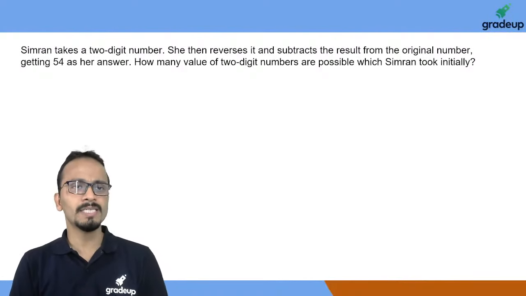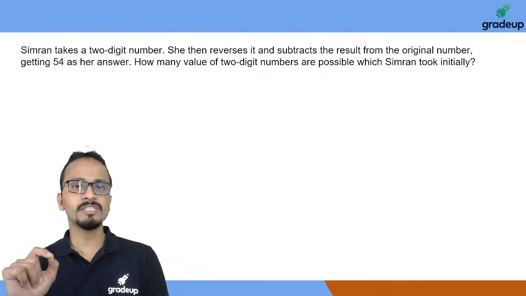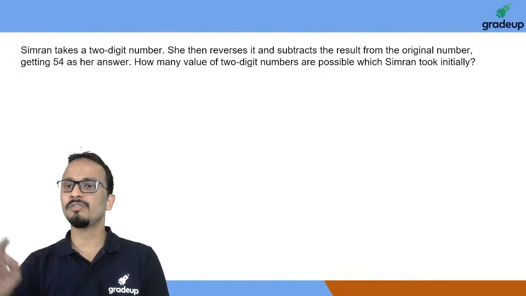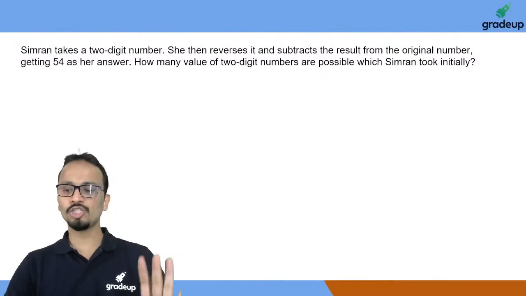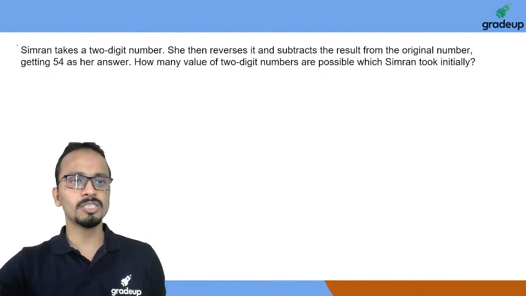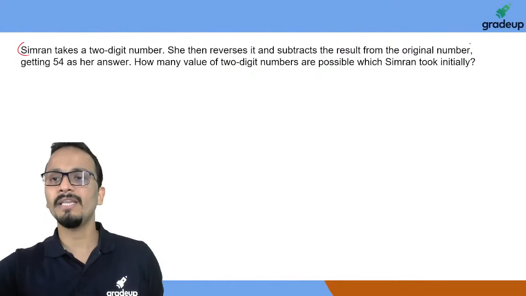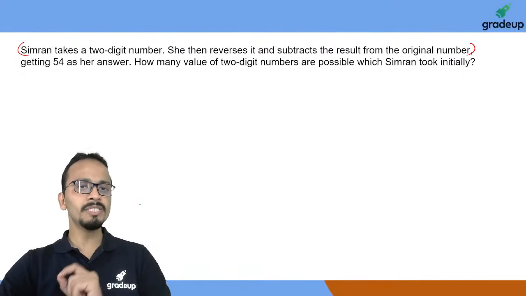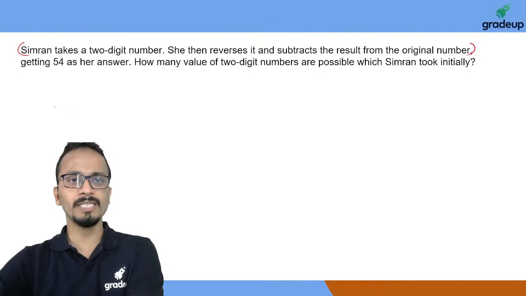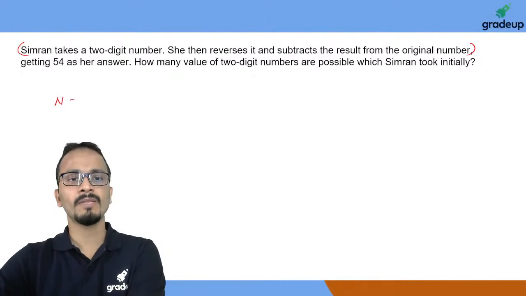The question says that Simran takes a two-digit number. She then reverses it and subtracts the result from the original number. I'll stop here. Just read the first line of this question. Simran takes a two-digit number. So let's say the number that she has taken is XY.